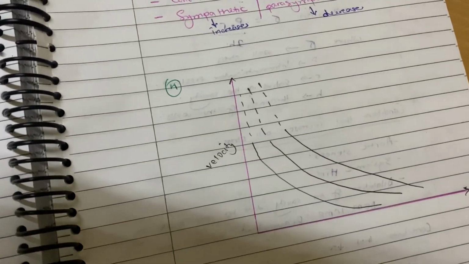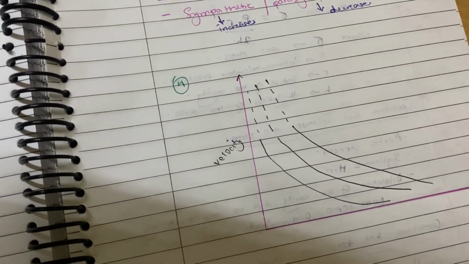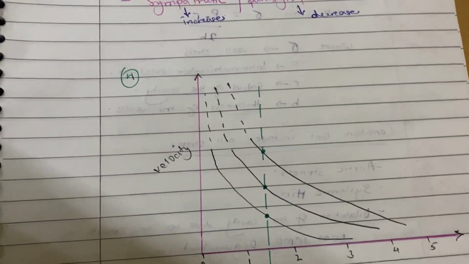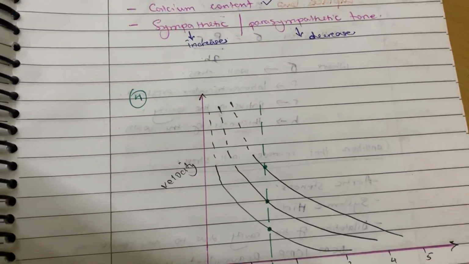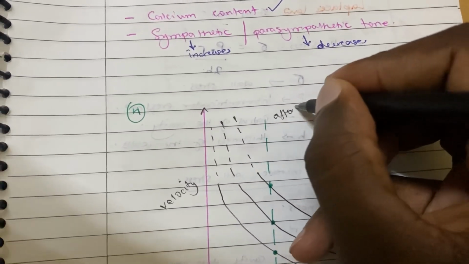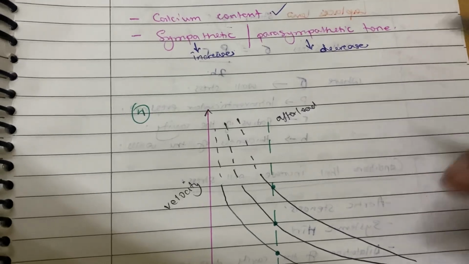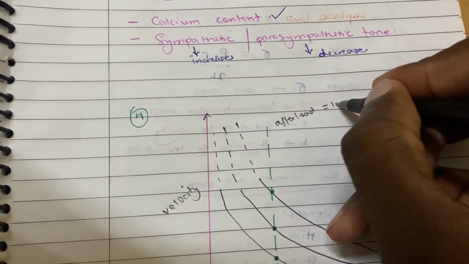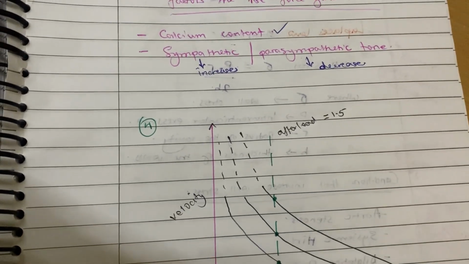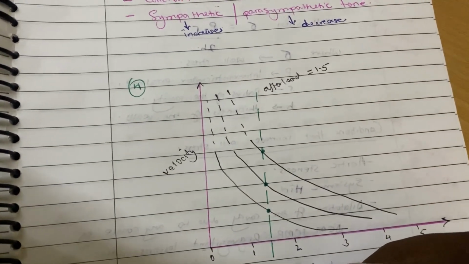Let me also put the afterload here. So again, we are fixing our afterload. The afterload is fixed. We are not changing anything at 1.5 fixed. And then we have the velocity here, and then force generation.